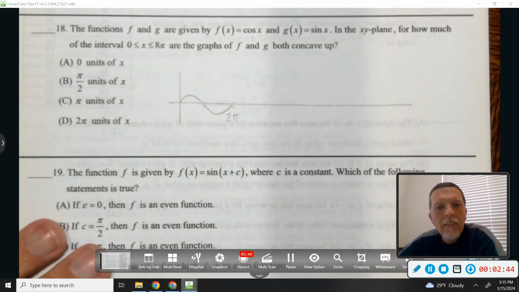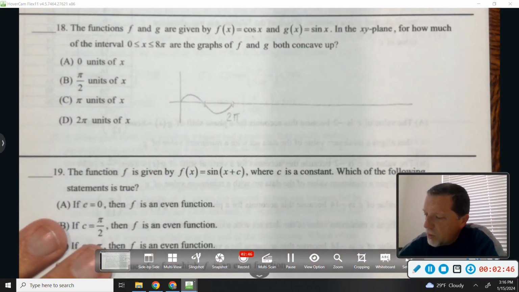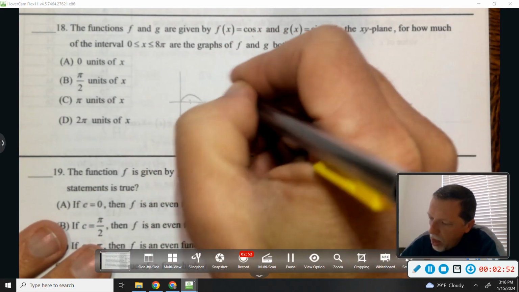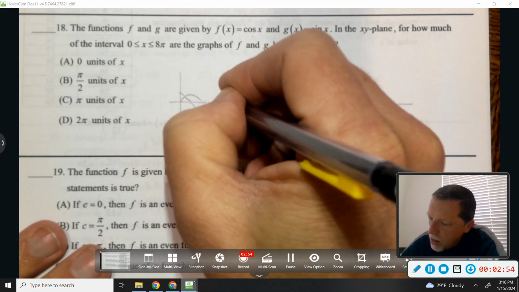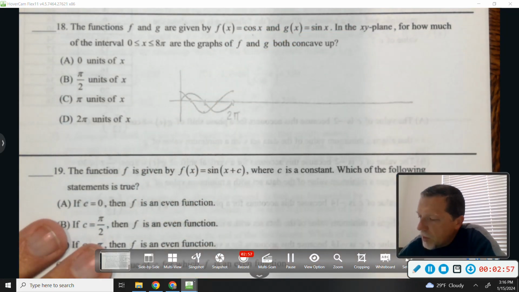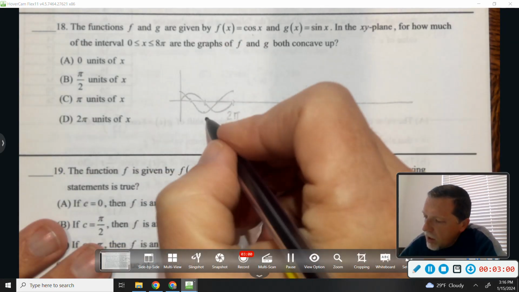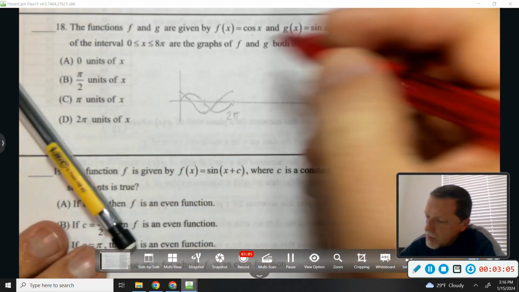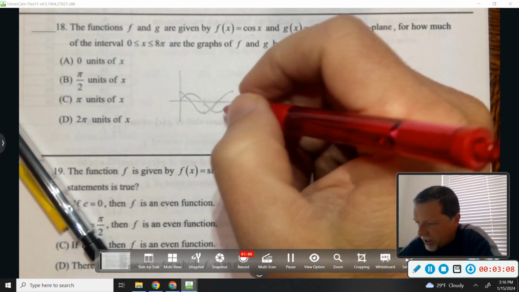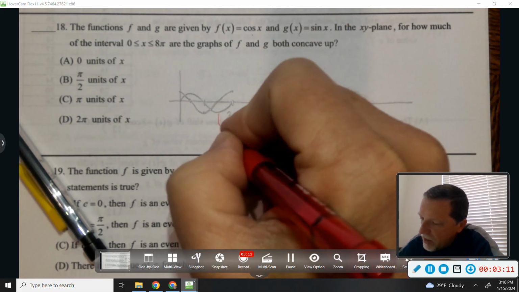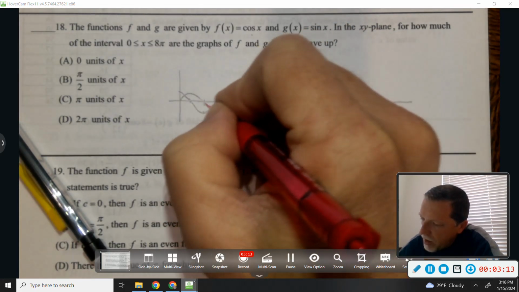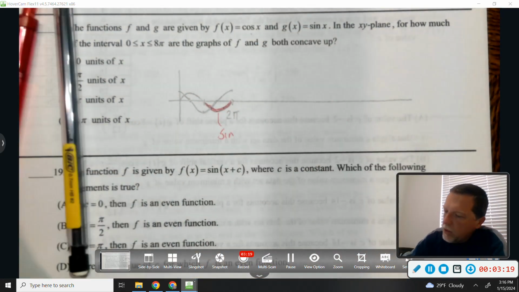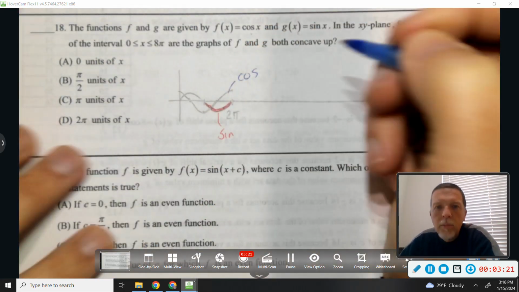So there's my sine graph from 0 to 2 pi. My cosine graph looks like that. Let's just do different colors here. So there's my sine graph, and my cosine graph in blue here.